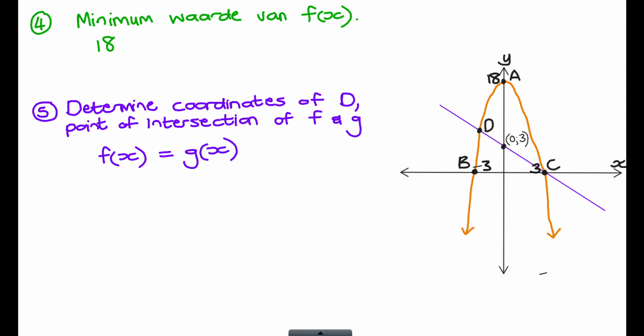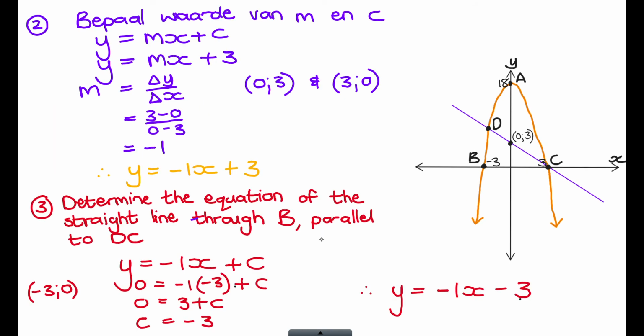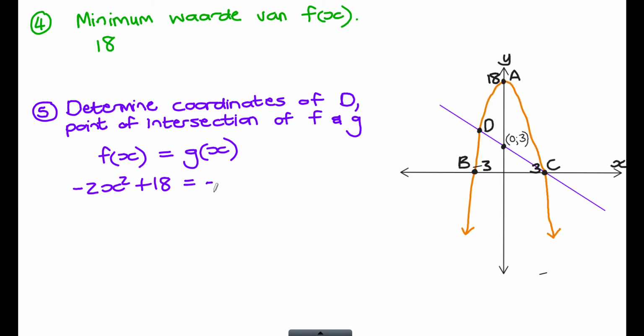Where they intersect, where they cut through each other, you can make these two equations equal to each other. So I'm going to start with minus 2x squared plus 18 is equal to, en nou kan ek onthou wat hy was, minus x plus 3.